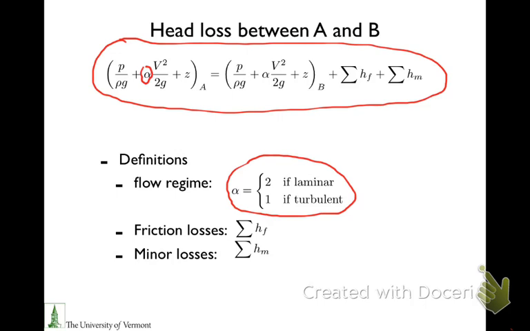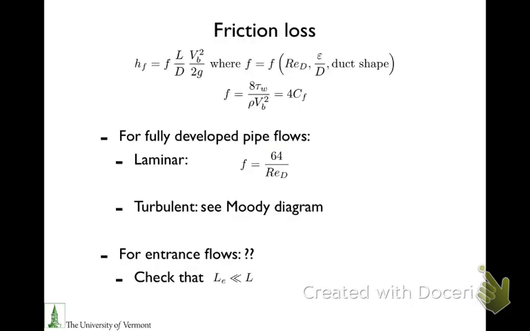The energy in A is transformed to energy in B plus the losses: the losses due to friction, and the losses due to minor or singular losses, valve, pump. Also, if there is a pump, obviously it's not a loss, it's a gain. But I think that's pretty clear to everyone.